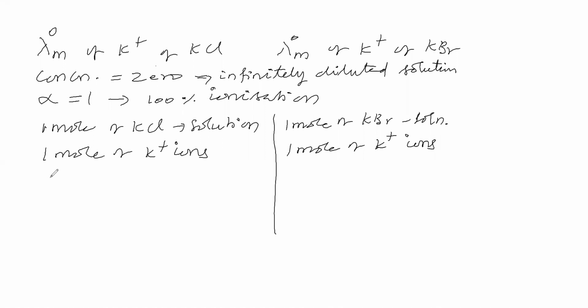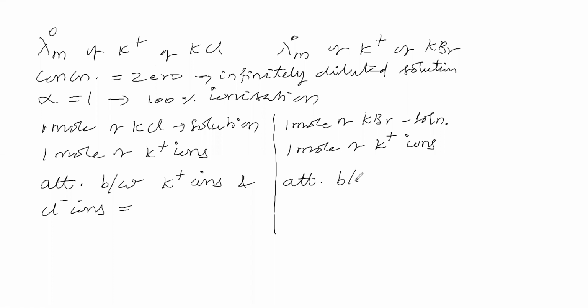Now here we will see the attraction between K plus ions and Cl minus ions. That magnitude we will take. Here also we will take the magnitude of attraction between K plus ions and Br minus ions.